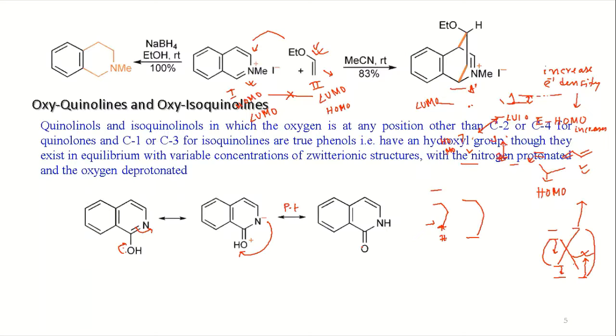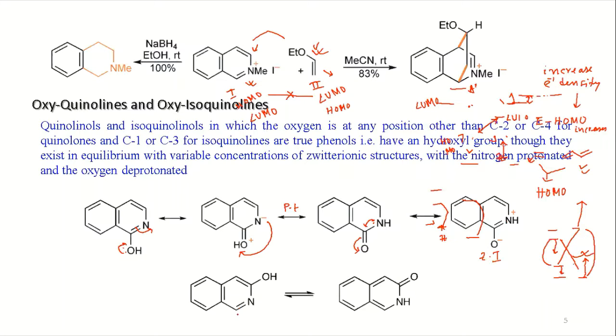That is told here: for quinoline, C2 and C4 you have to exclude, and for isoquinoline, C1 and C3. Now this one, you have a lone pair, so it can form like this. So it is now behaving as zwitterionic. This is the zwitterionic form.